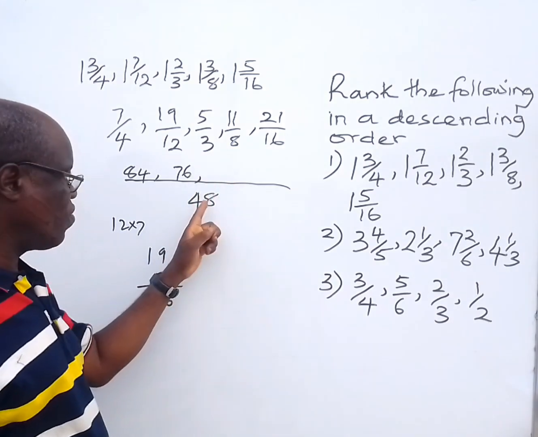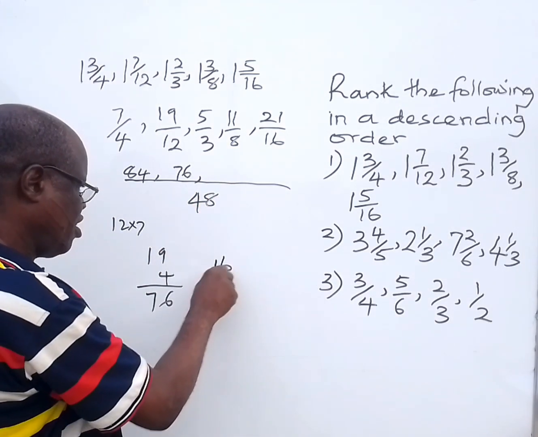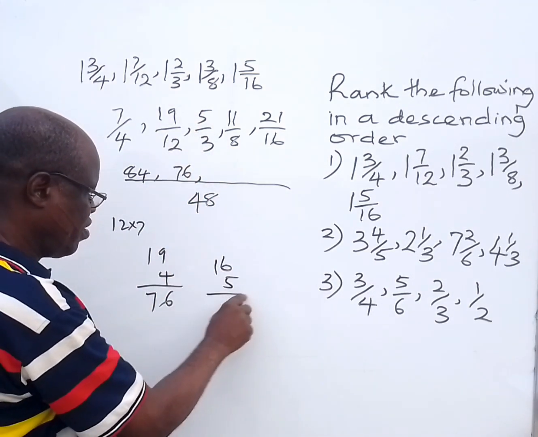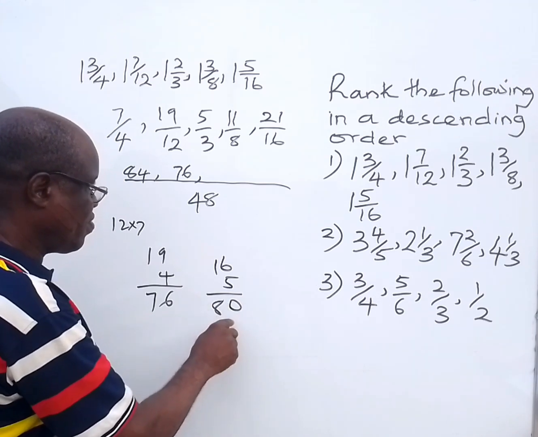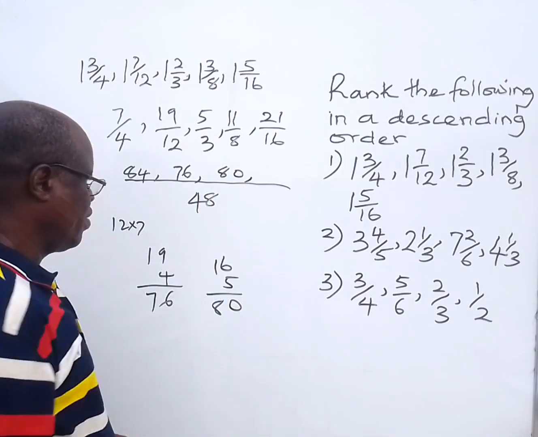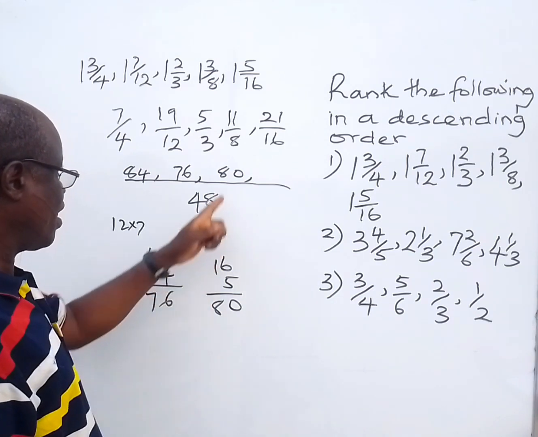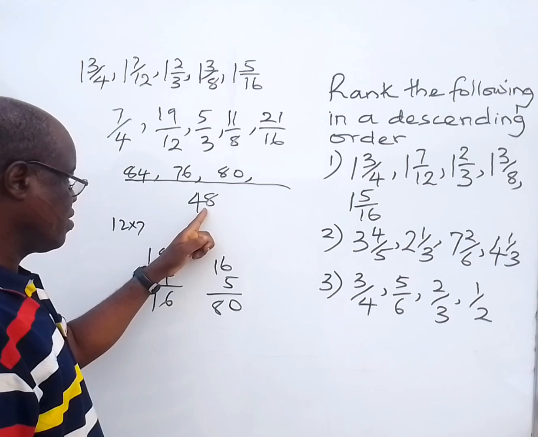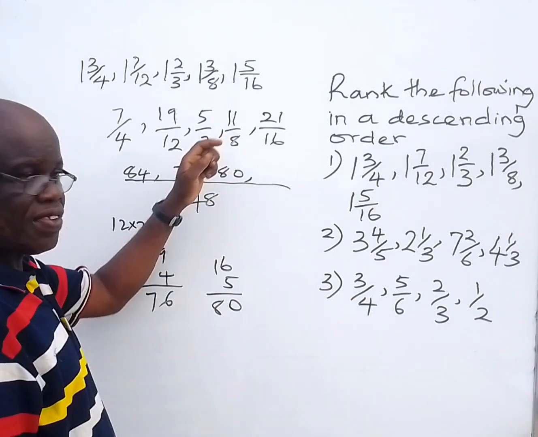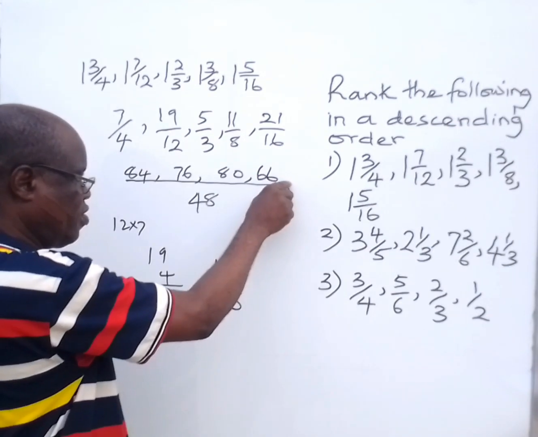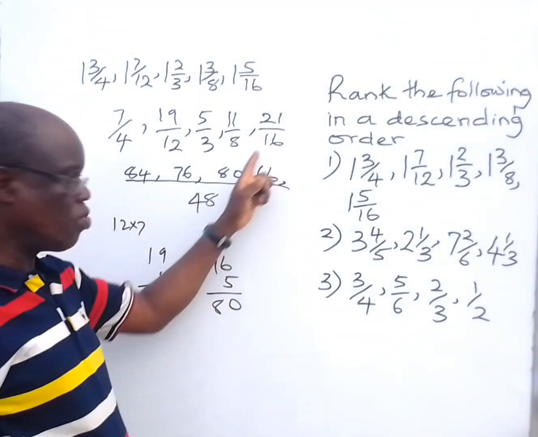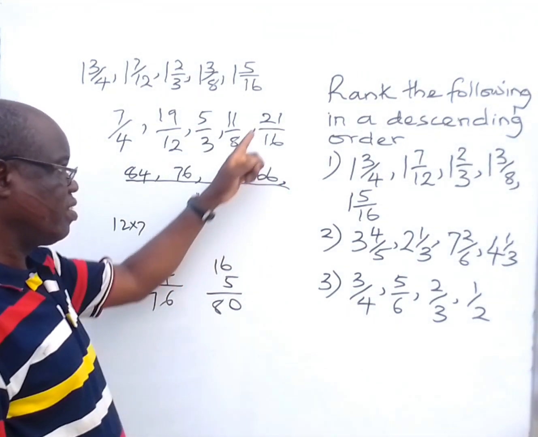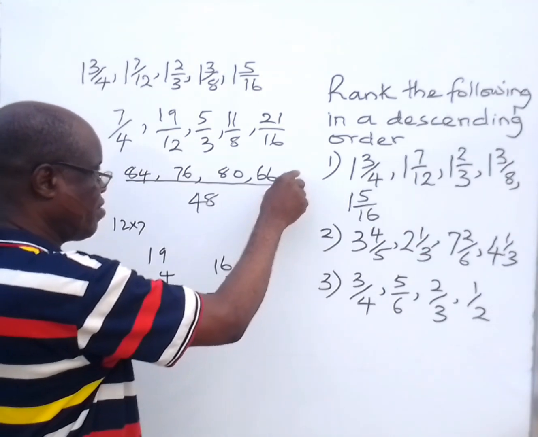How many times does 3 go in 48? That's 16. Then 16 times 5, that's 80. Then how many times does 8 go in 48? That's 6. 6 times 11, 66. How many times does 16 go in 48? That is 3. 3 times 21, that is 63.